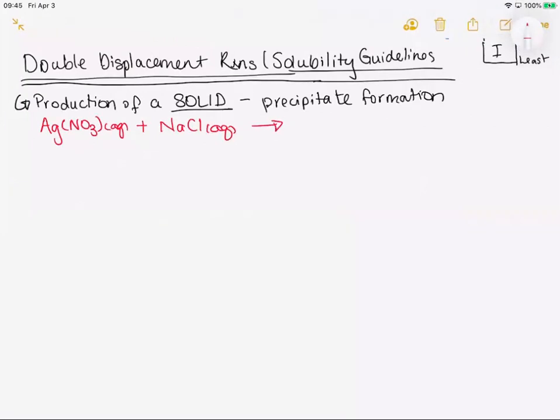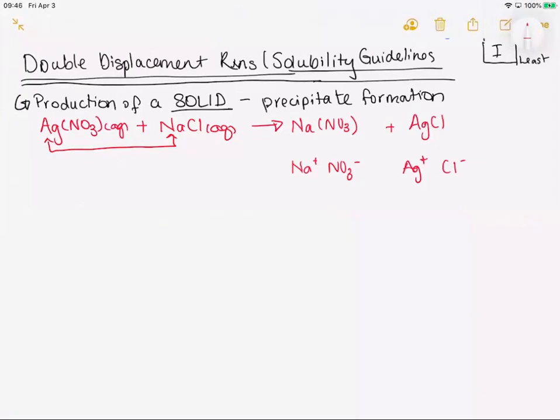When I look at these, I always switch my cations. So over on this side, I have sodium reacting with nitrate. It's a 1-to-1, so just NaNO3, plus now I have silver, which is +1, plus chloride, which is -1. It's a 1-to-1, so I have silver chloride.